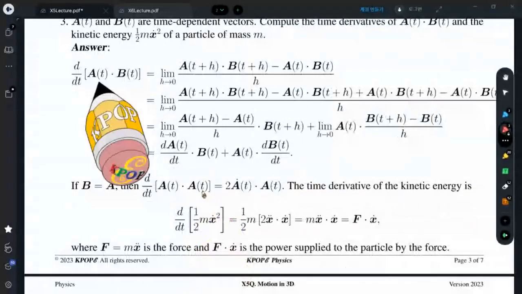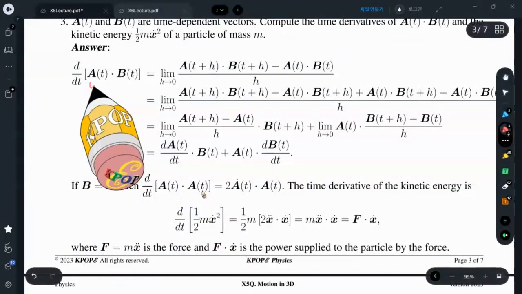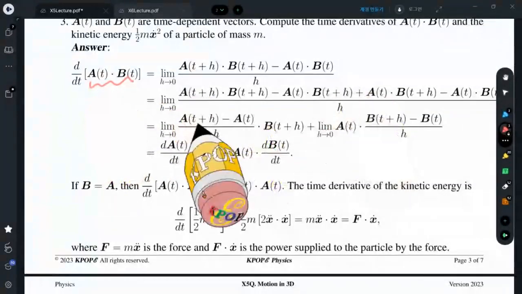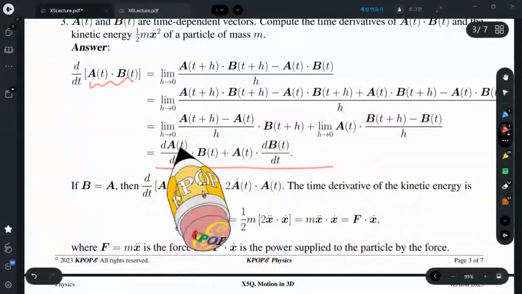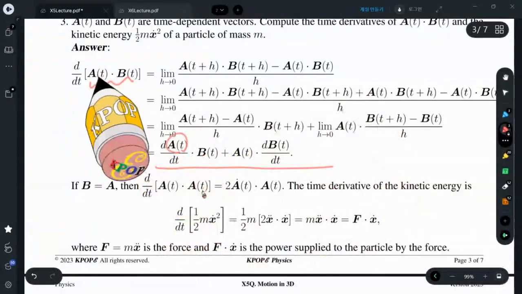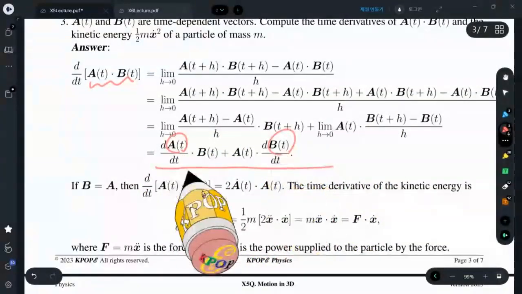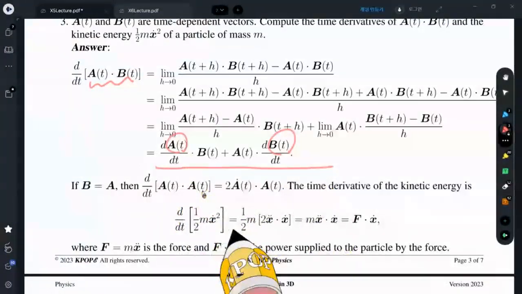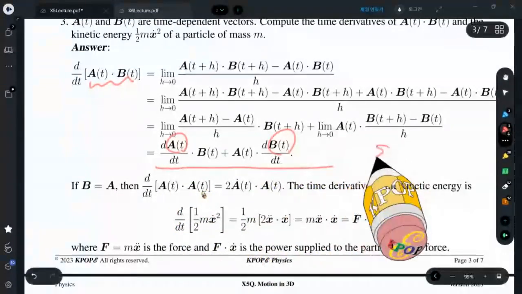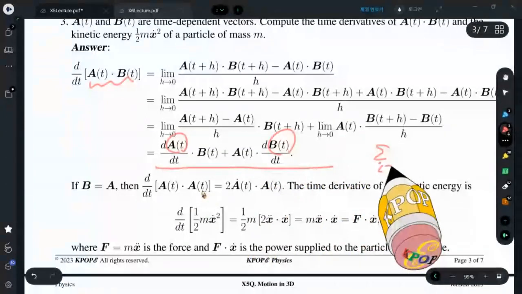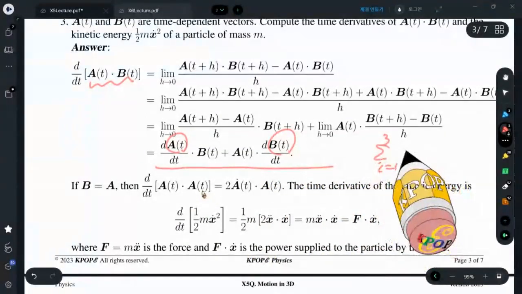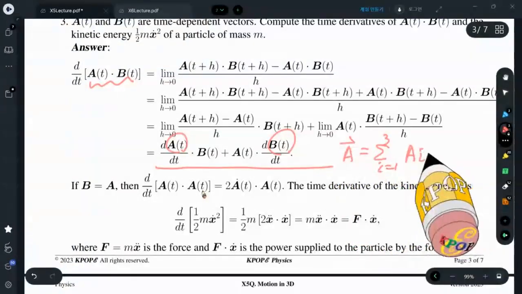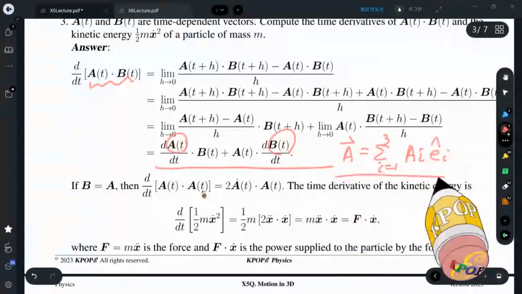And in a similar manner, I can take the derivative of the scalar product, and the same rule applies. Take the derivative of the first vector and second vector and sum them all. You must have known that the scalar product is a sum over i that runs from 1 to 3, a_i b_i.